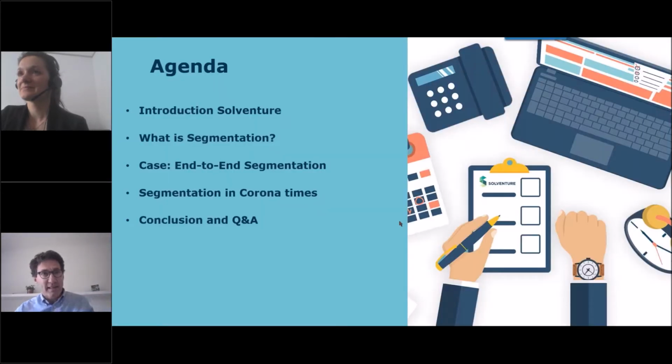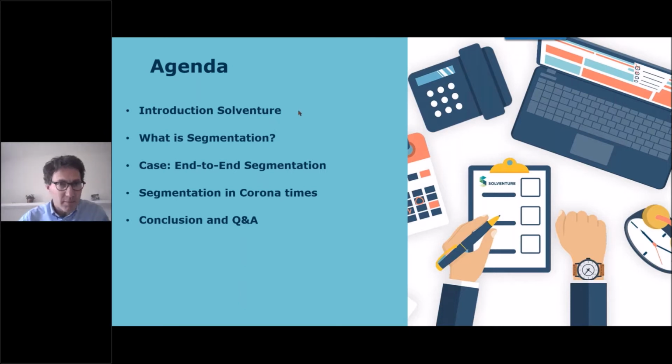So what is the agenda of today? I will briefly mention who we are as Solventure. That is just one slide. I'll talk about segmentation in terms of a definition. What is it? What different types of segmentation do we have? And what is maybe most applicable now? To make that concrete, I will show you a brief case of one type of segmentation, an end-to-end segmentation.